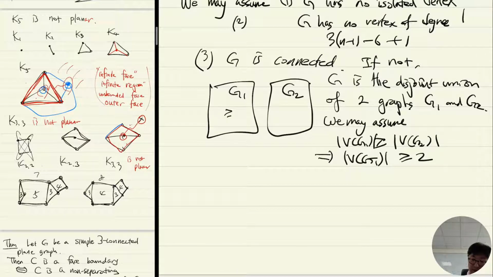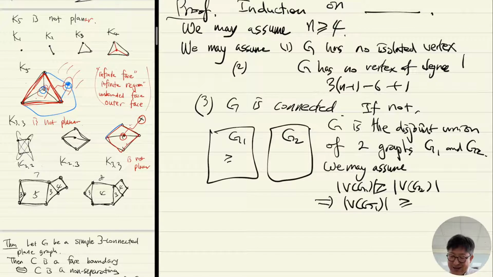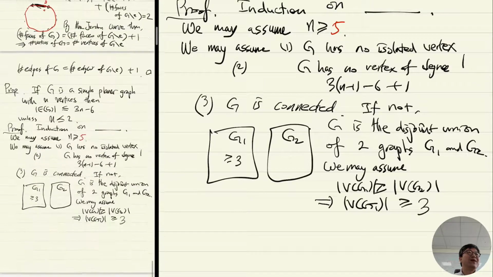So this has, okay, let's do it. I want it to be at least 3. How do I make it at least 3? So let's fix this to 5. Why? When n is 4, what happens if n is 4?